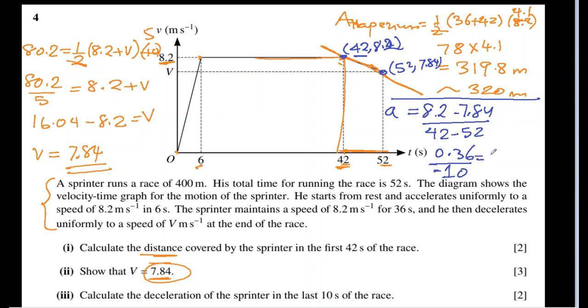So clearly the acceleration comes out to be negative 0.036 meters per second square. Since they have used the word deceleration themselves, there is no need to write negative. You can write 0.036 meters per second square. Negative would be written if it was acceleration.